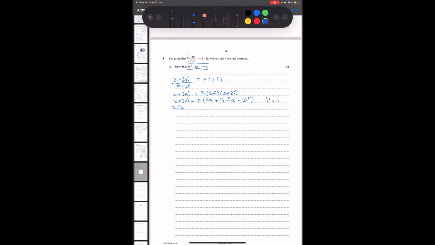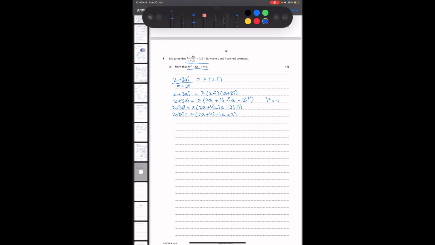So 2 plus 3ai is equal to lambda into (2a plus 4i minus ia minus 2 into minus 1). So it's 2 plus 3ai is equal to lambda into (2a plus 4i minus ia plus 2).